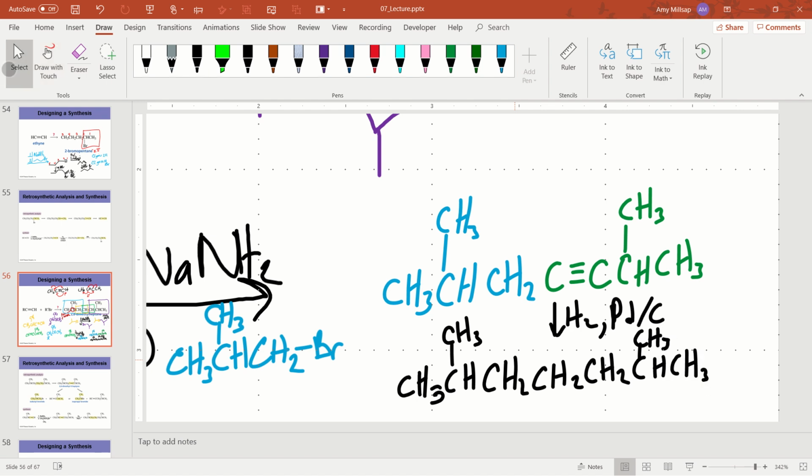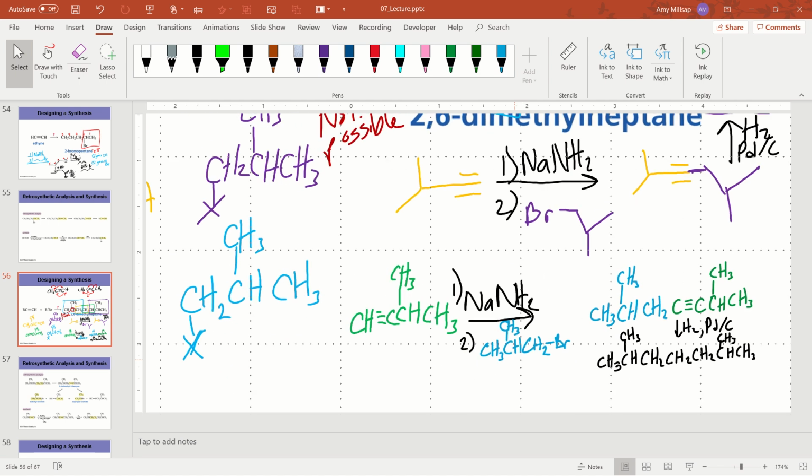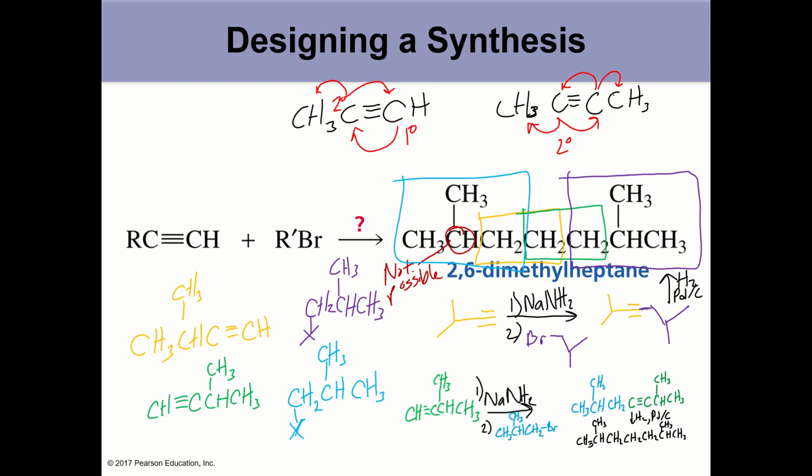And that should match the product that they requested from us, the 2,6-dimethyl heptane. So those are the two methods by which we could make 2,6-dimethyl heptane.